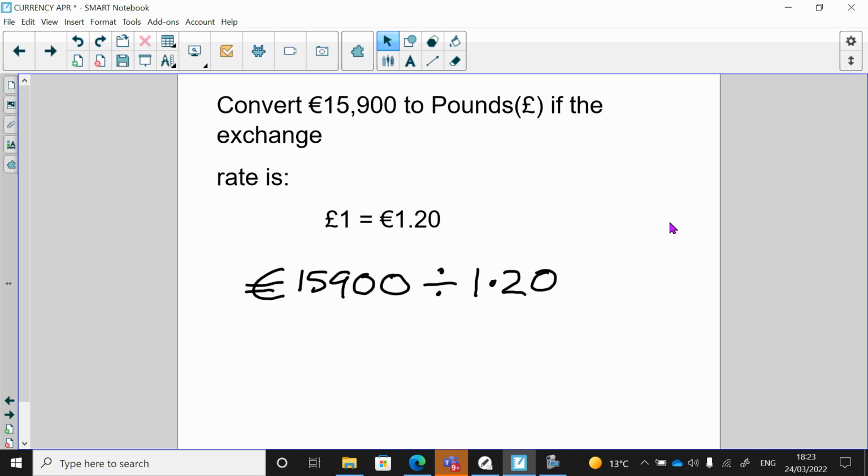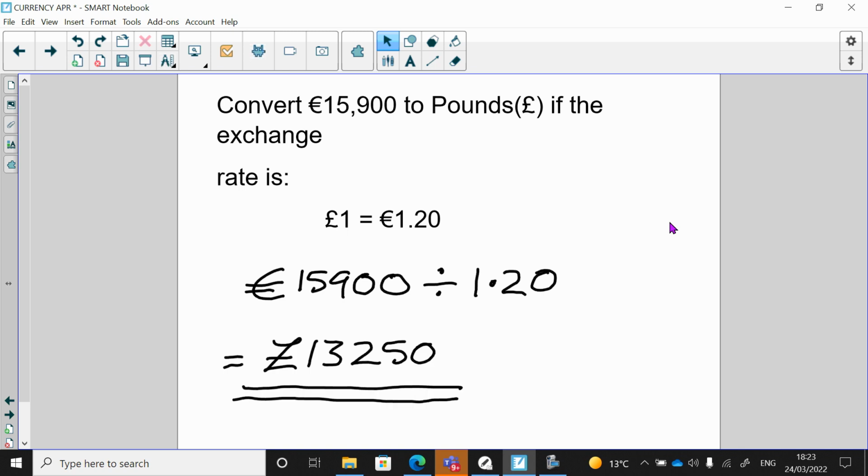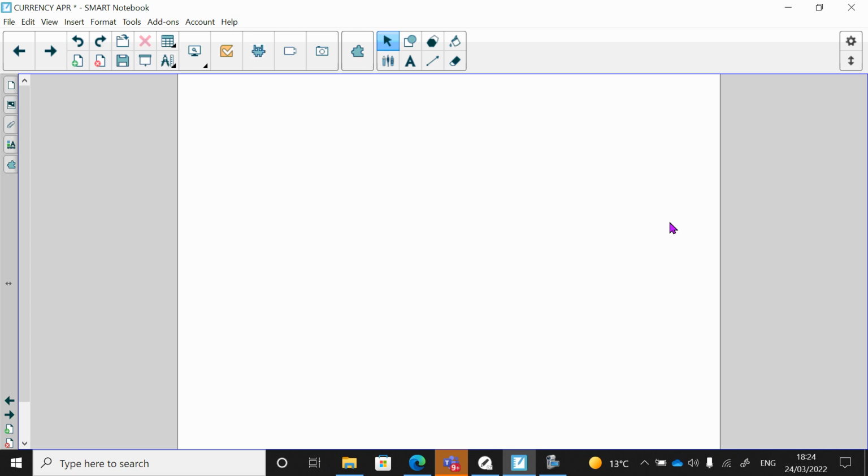I would always put in the 1.20 just to be on the safe side. I know it's not going to have an effect, but I like to be careful. Put that in your calculator, get a nice answer. There you go, £13,250. That'll do you for the weekend. Right, okay, let's move on.